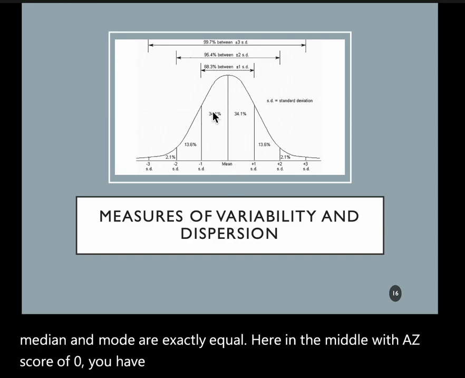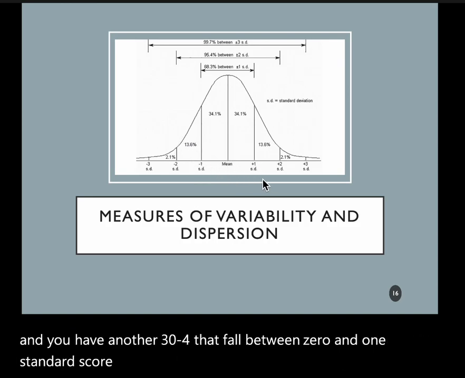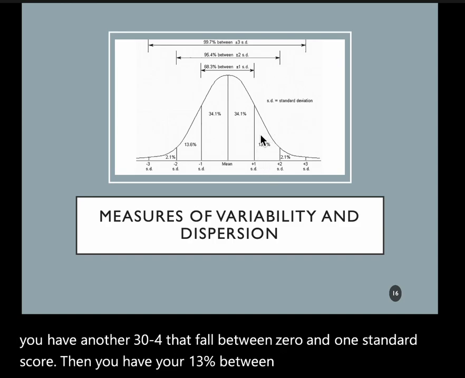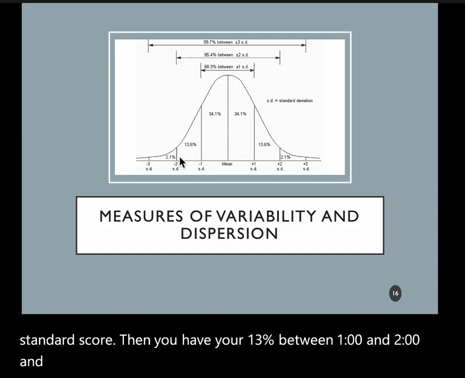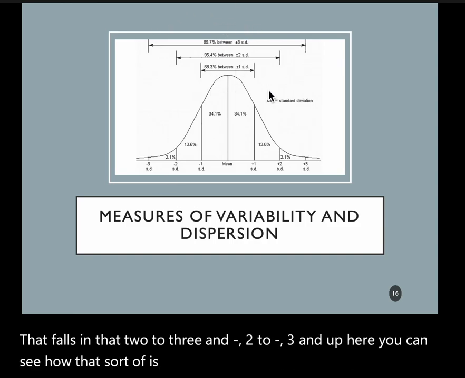You have 34% of scores that fall between -1 and 0, and you have another 34% that fall between 0 and 1 standard score. Then you have your 13% between 1 and 2, and -1 and -2 z-scores, and then your 2% that falls in that 2 to 3 and -2 to -3. And up here you can see how that is displayed in our standard normal distribution.